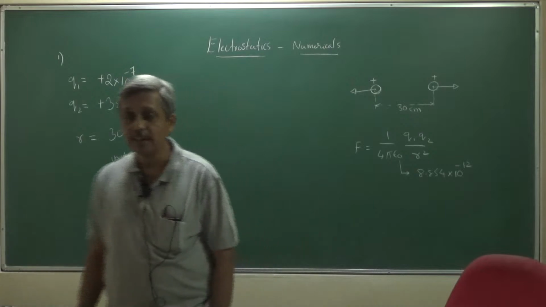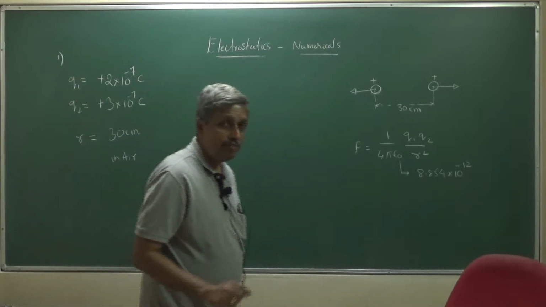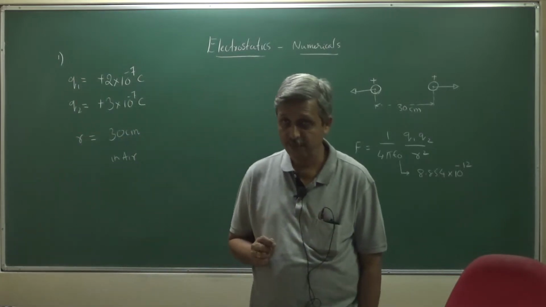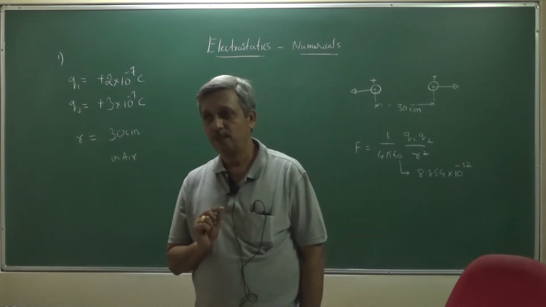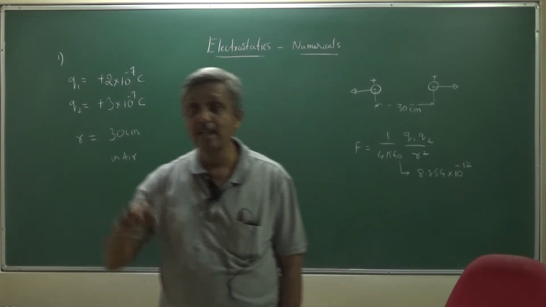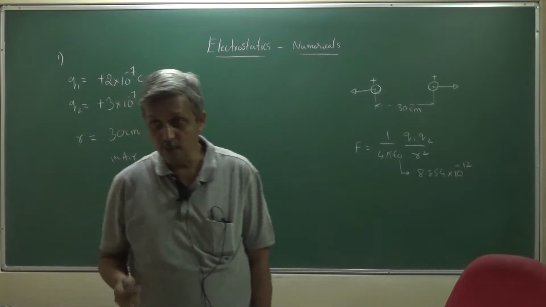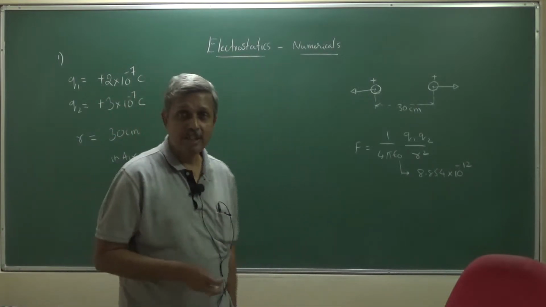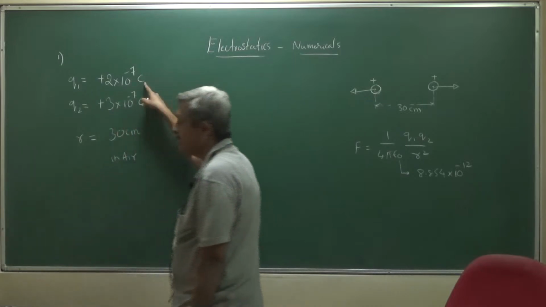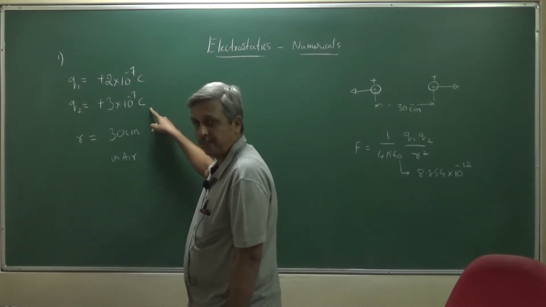Now let's also understand one more thing: whenever we are writing any of these, we have to write them in SI units. If they are given in some other unit, we need to convert them into SI units. For example, this one is already an SI unit, and this is also an SI unit.